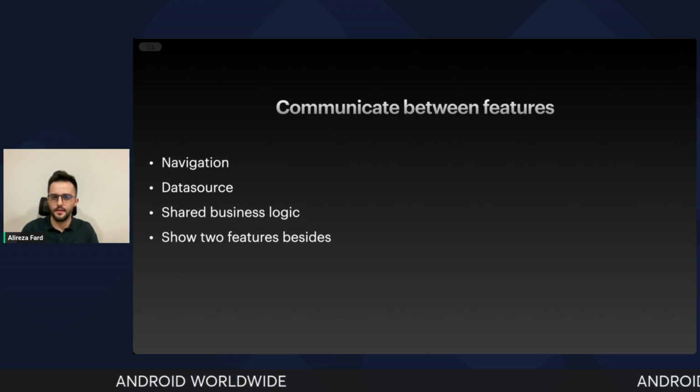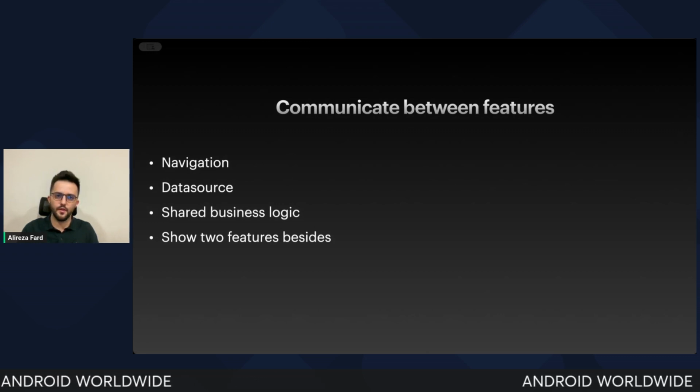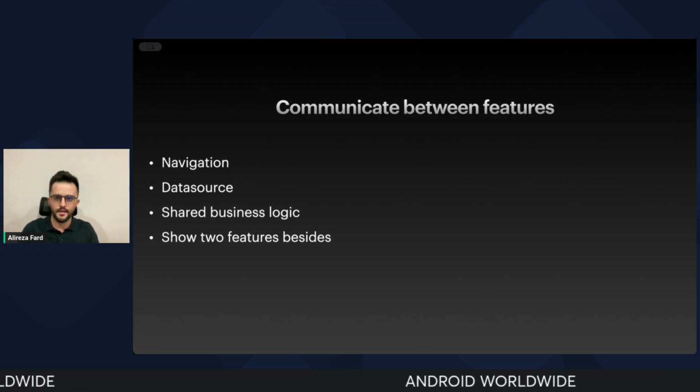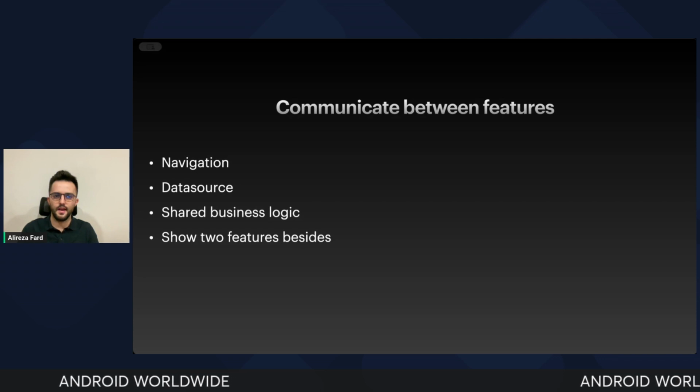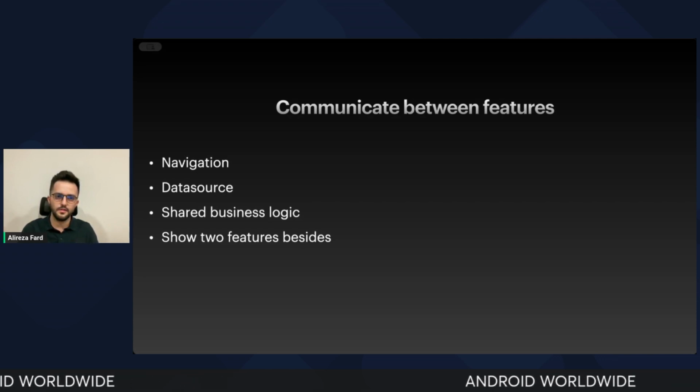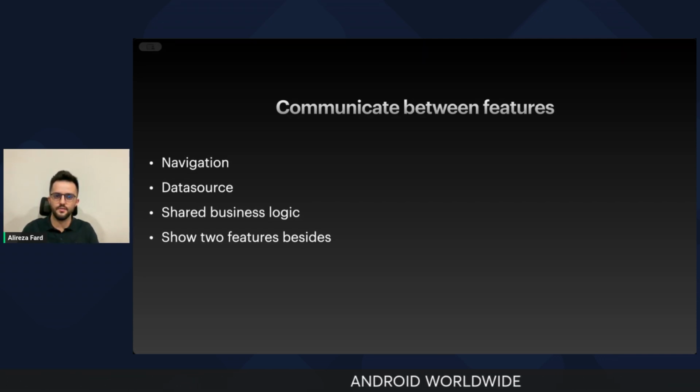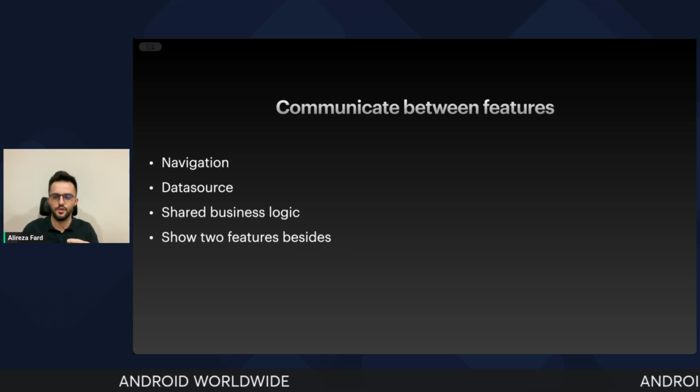First of all, let's clear what we want from coordinators. Coordinators are responsible for communicating between features, and they should handle navigation, data source, shared business logic, and showing features beside each other.